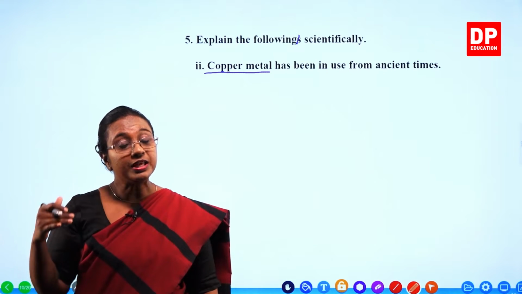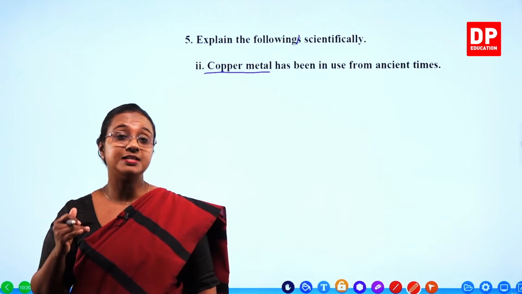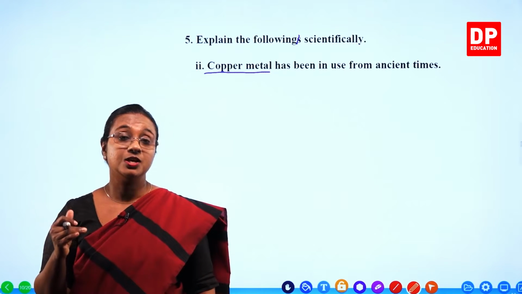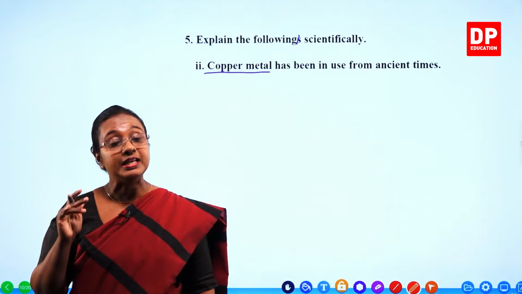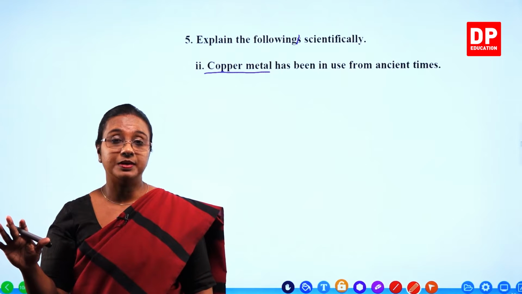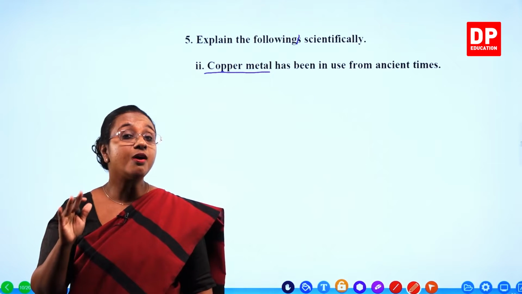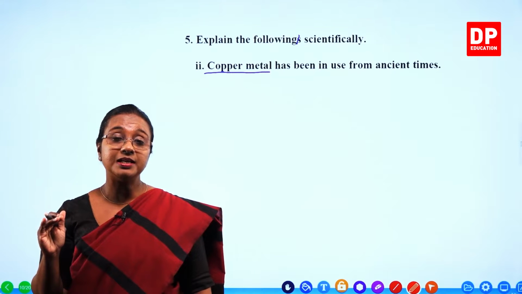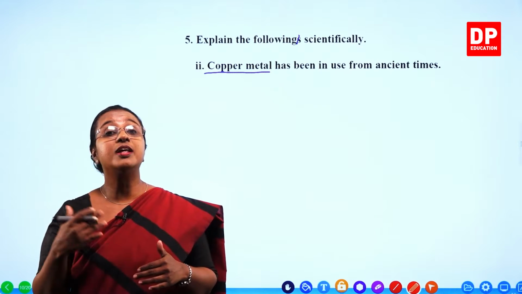Now again, if you think of the activity series, copper is after hydrogen in the activity series. So it has a moderate reactivity. It exists as compounds in nature, compounds of copper. In the natural environment, that is the ores, how do you separate the copper metal? Like iron, we use a reducing agent or a reductant.